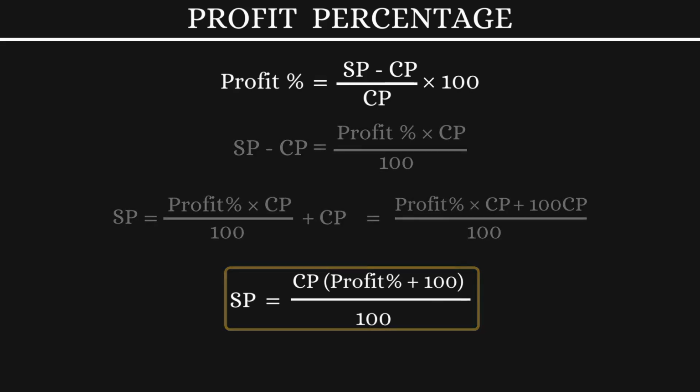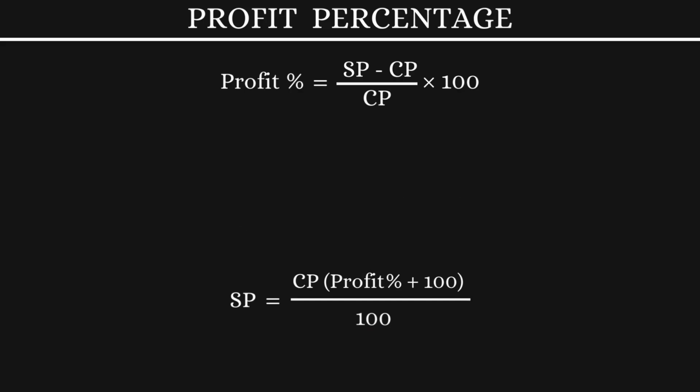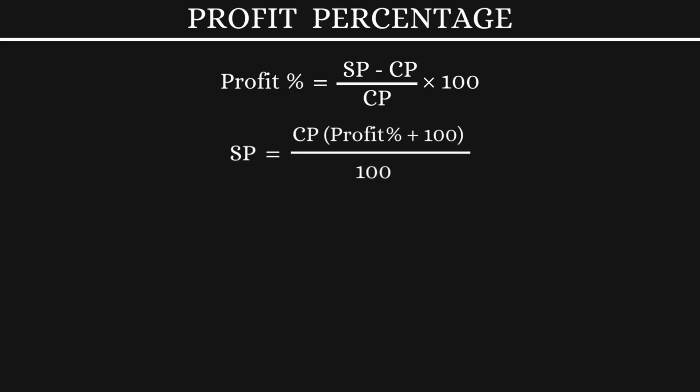Before moving on to our question, let's also find how to write cost price in a similar formula. On moving this 100 to the other side, we have cost price into profit percentage plus 100 is equal to selling price into 100.